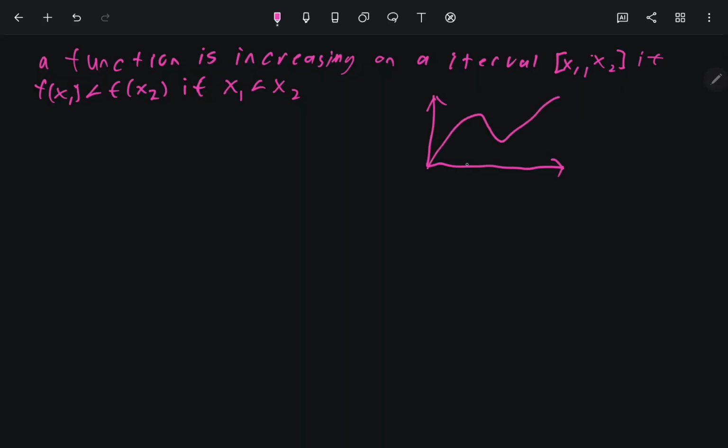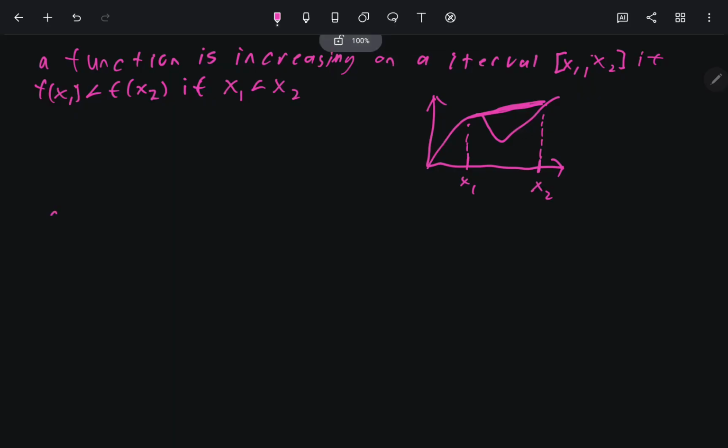We're just going to call this value right here x1, and this value here x2. Now, this function does indeed decrease in said interval, but on average it is increasing. So it is increasing on the interval from x2 to x1, if that makes sense.